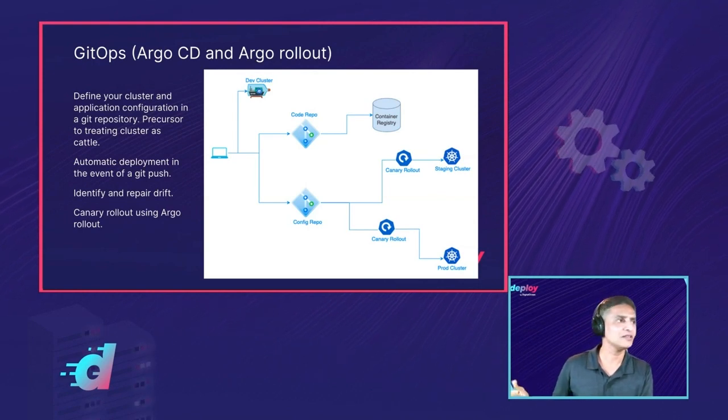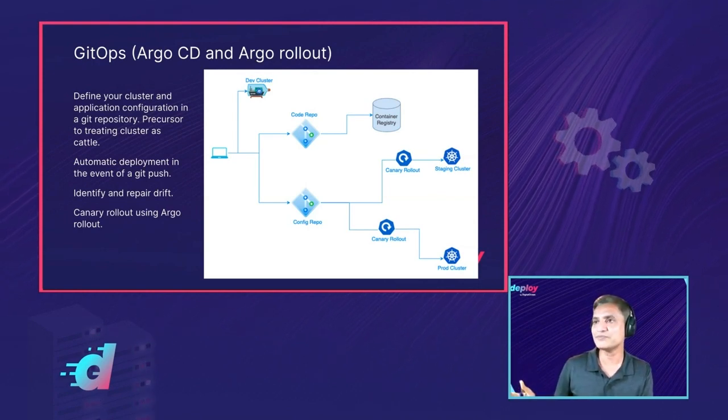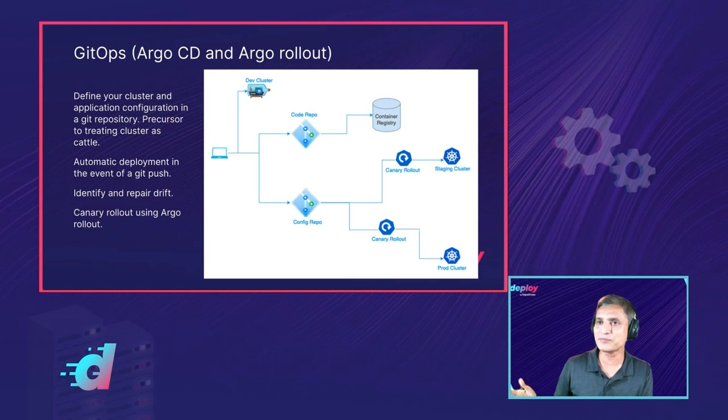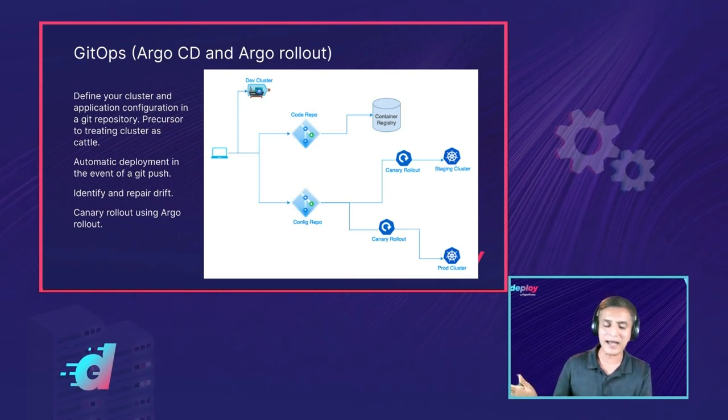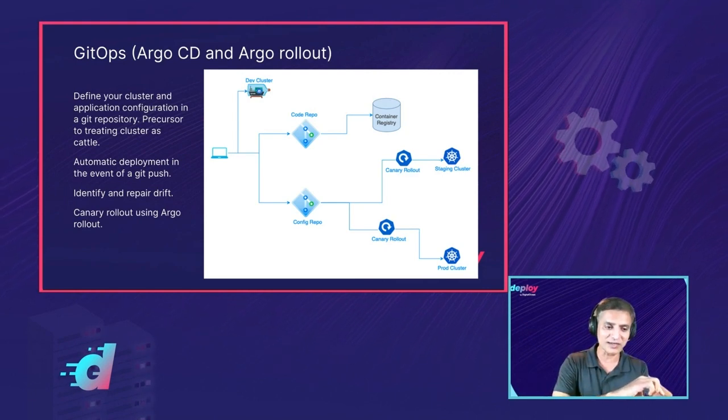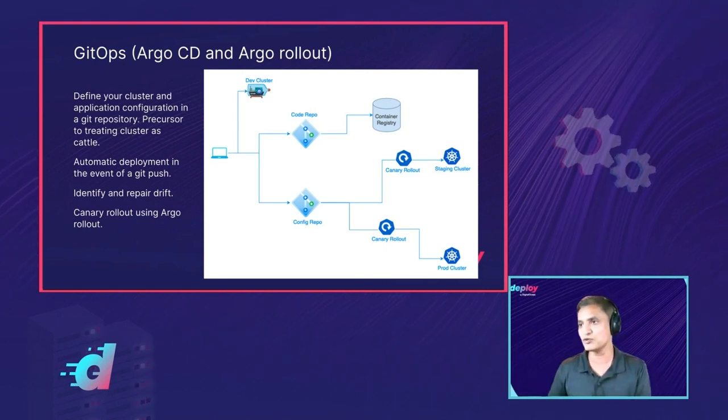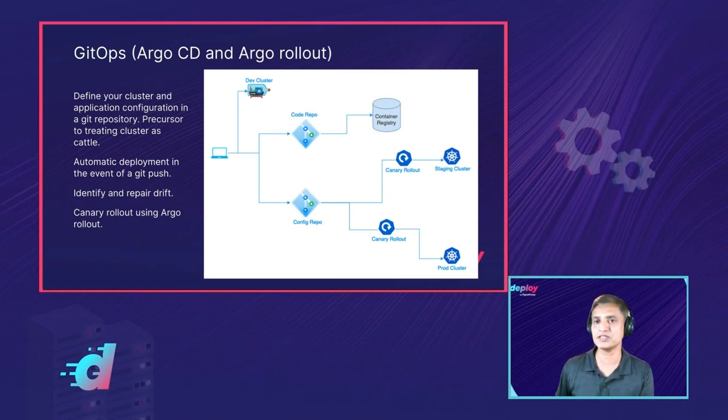The last one is GitOps. GitOps is something which is new on the horizon, but I see a lot of users starting to use it. In the traditional world, you used to have some kind of external product which used to push code to Kubernetes or to a virtual machine.